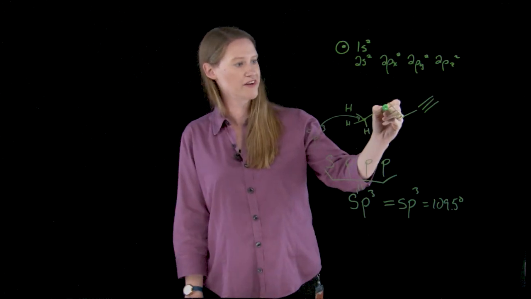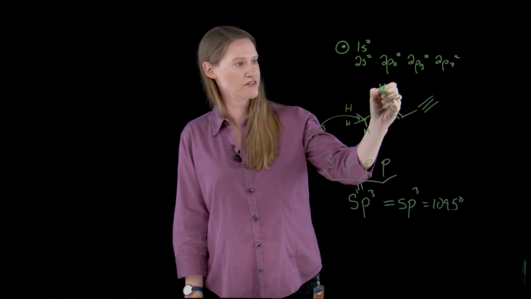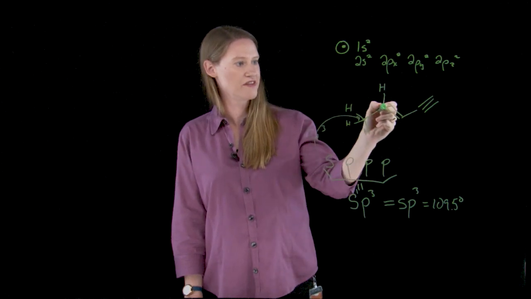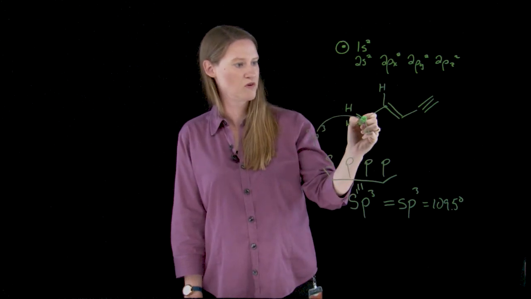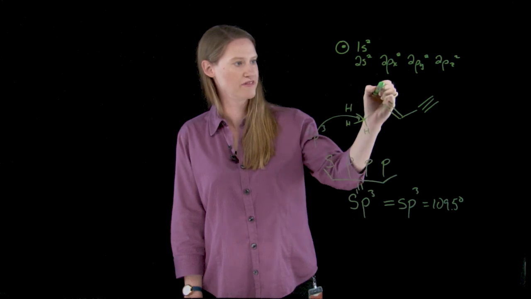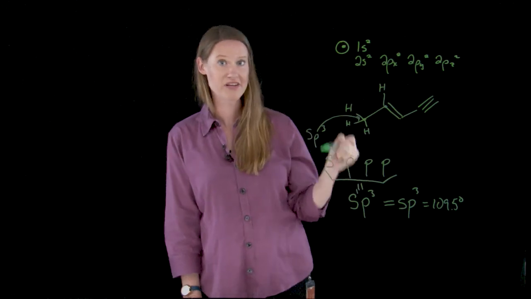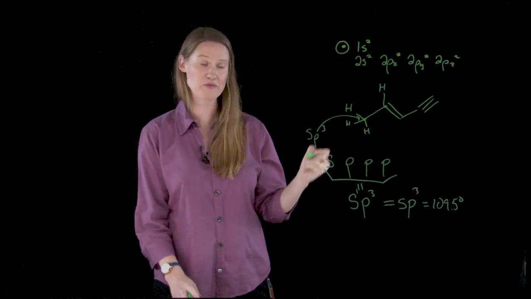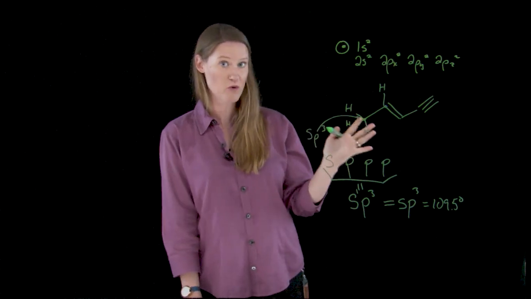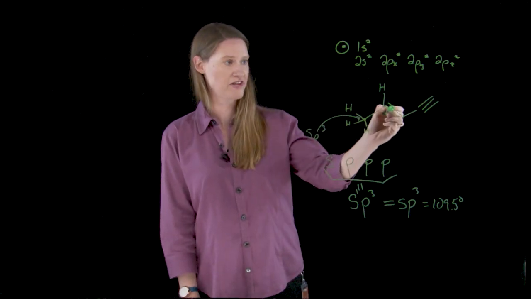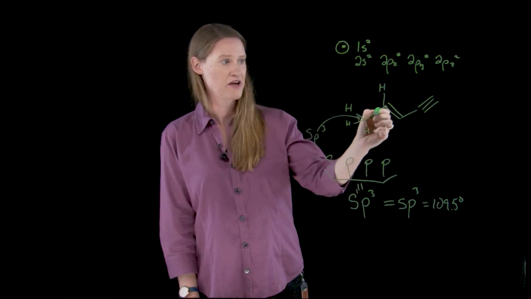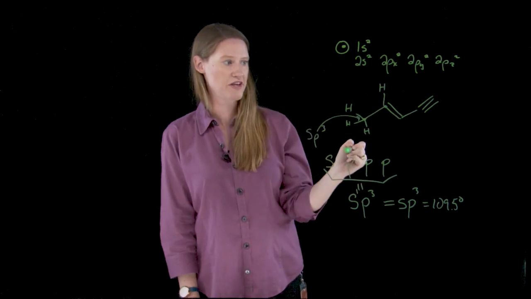So now let's move to this carbon. There's one hydrogen here, which means that this carbon is bound to one carbon, two carbons, and a hydrogen. 3 different things. It still has 4 bonds. It has 8 electrons: 2, 4, 6, 8. But it's only bound to 3 different things.